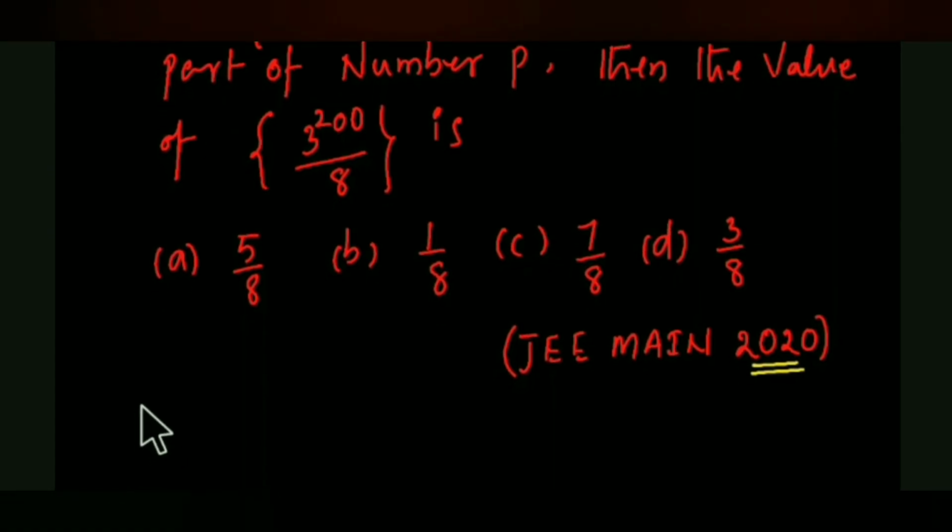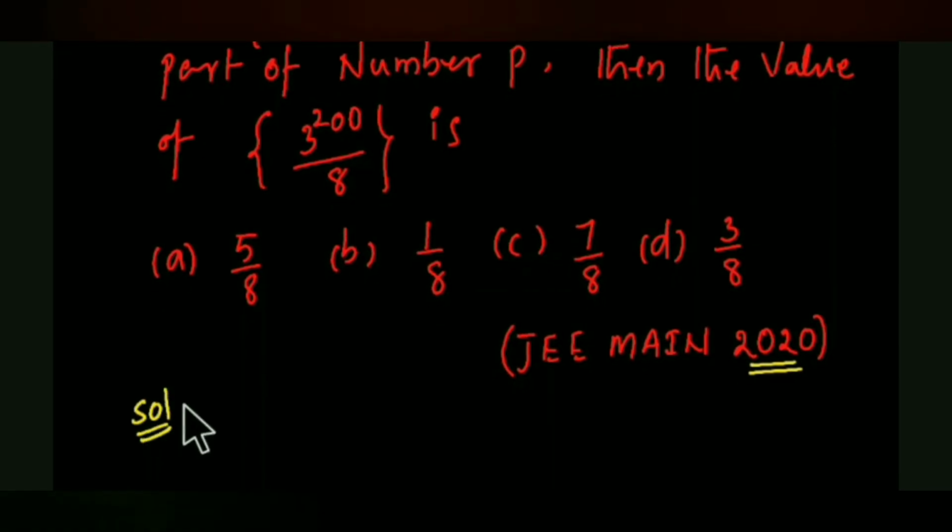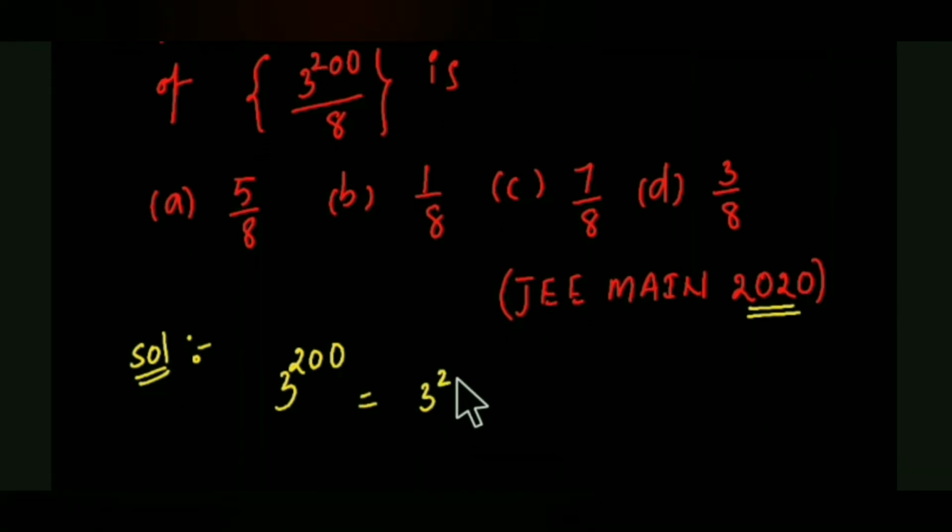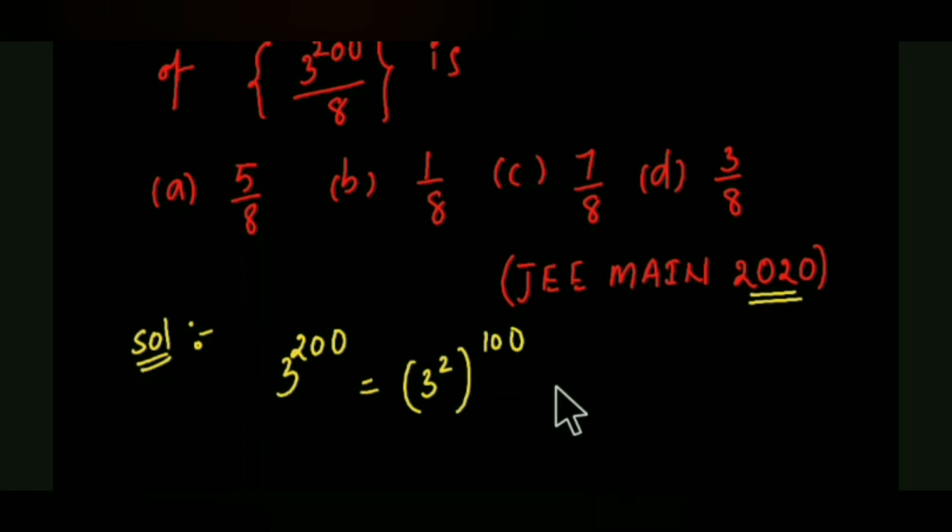As we know about fractional part, let me start. The given number is 3 to the power 200, divided by 8. The nearest power of 3 to 8 is 9, right? So we write it simply as 3 squared whole to the power 100. 3 square is 9, so we have 9 to the power 100.